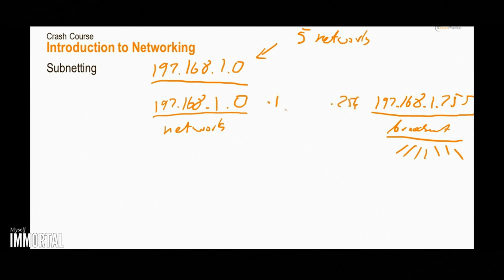That's why we have 254 IP addresses. What you can get is that we don't really need 254 IP addresses. However, we need like 5 subnets and around 25 IP addresses for each subnet.